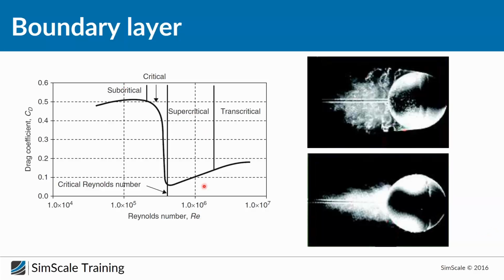And it's changing here. If we go to this transcritical state of the flow, so turbulent flow, we have a higher skin friction, but a much lower pressure drag because of the reduced separation bubble. And this image is showing it, I think, very clearly.